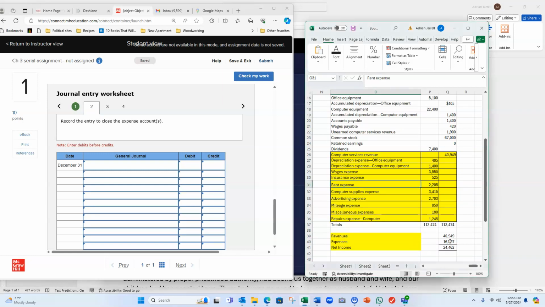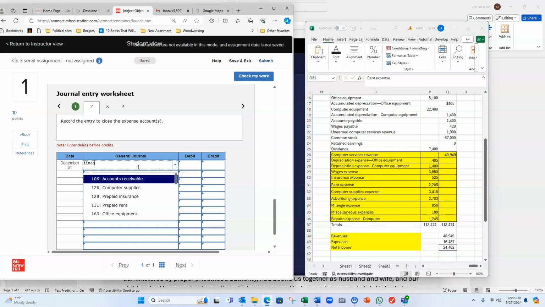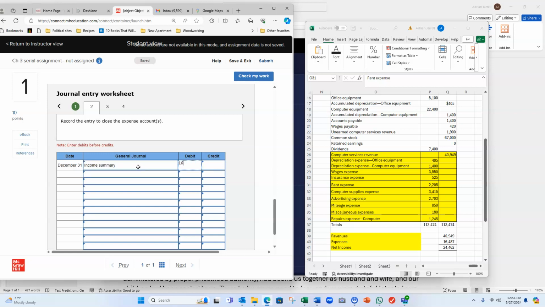Well, the total expenses is $16,487. Thank goodness I did that. Let's try again. Income summary is $16,487 debit. Now we're going to credit each of the expense accounts.